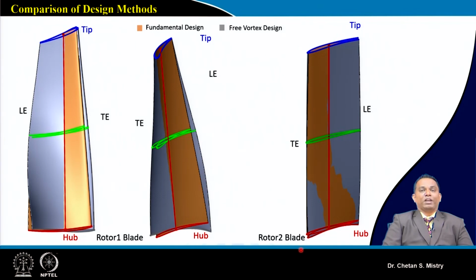So here we are stopping. I'm sure that based on what we have discussed about the design methodology for the fundamental design approach and the free vortex design concept, you are able to design a low speed contra-rotating fan.